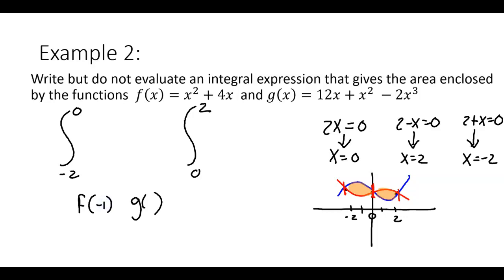Any number between your upper and lower, right? So negative 1's a natural choice there. Let's plug it in. If I plug negative 1 into the f function, I get negative 3. If I plug negative 1 into the g function, let me do a little mental math here. Negative 12, negative 9. So in that case, this one's bigger. The f is bigger. Therefore, f comes first.